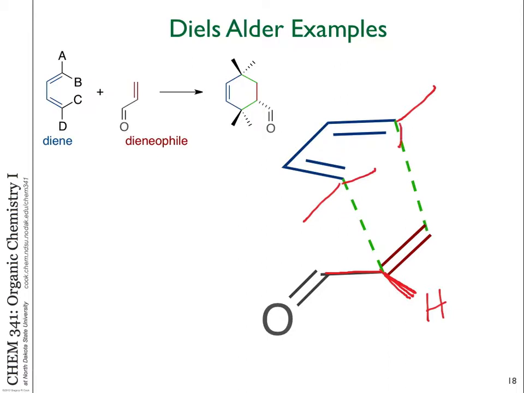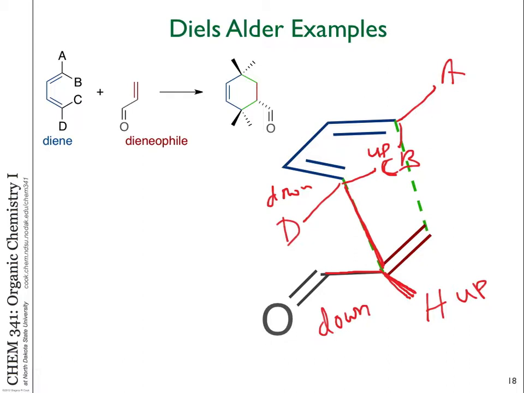So what I've labeled up there is A, B, C, D. As this bond forms, this is going to be up, this is going to be down, the C is going to be up, and the D is going to be down as those become sp3 hybridized. This group shifts up as it becomes sp3 hybridized, because this bond is forming from the bottom. Same thing with B: B shifts up as the bond is being formed from the bottom. So that's going to be up, and that's going to be down.